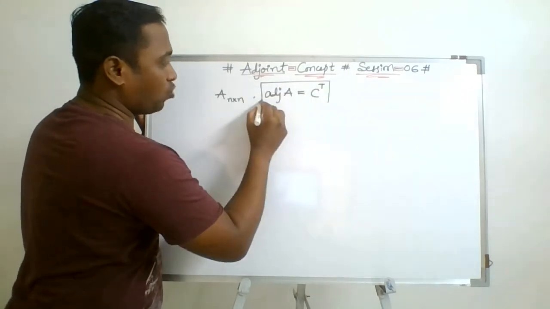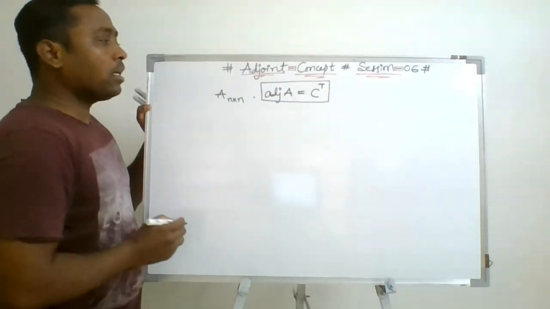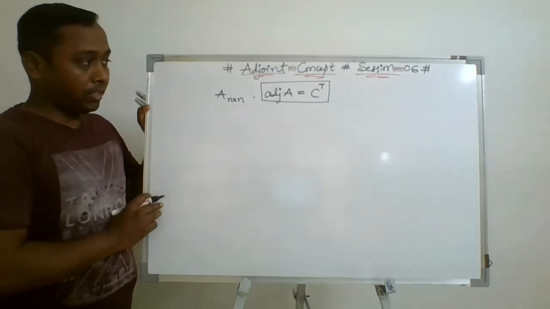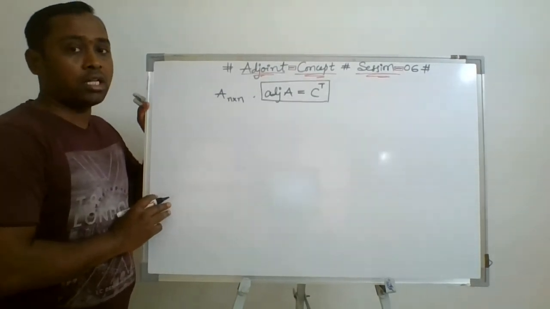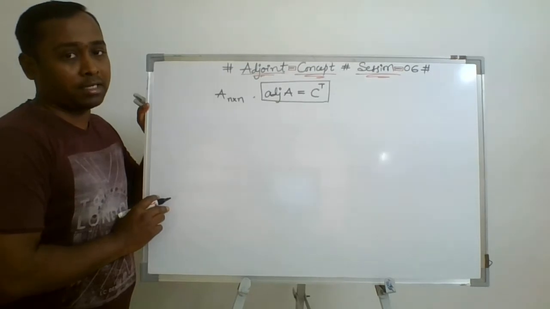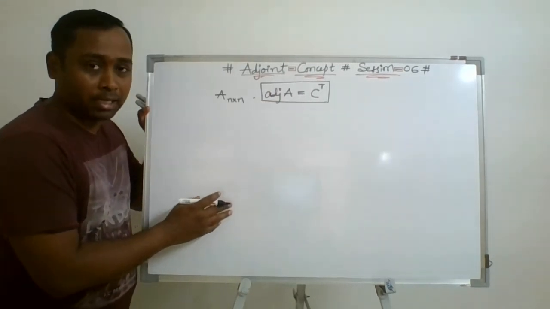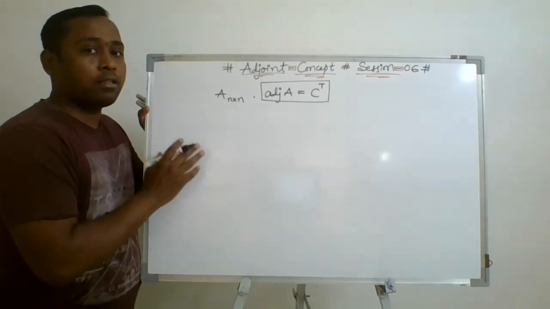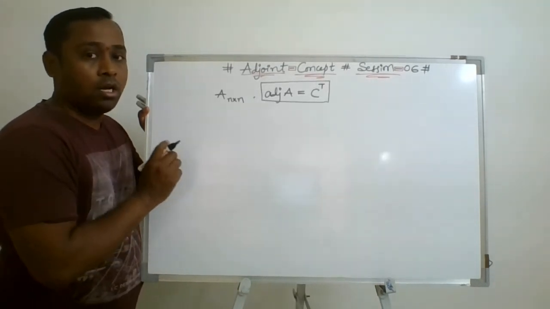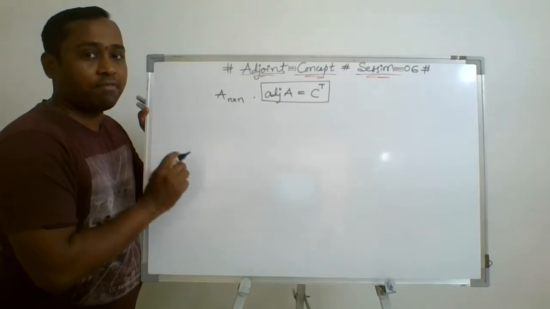It's a simple, straightforward definition. Adjoint of any square matrix is nothing but the transpose of the cofactor matrix. And the question comes, what is meant by cofactor matrix? It's simply the matrix which gives the cofactors of each and every element.